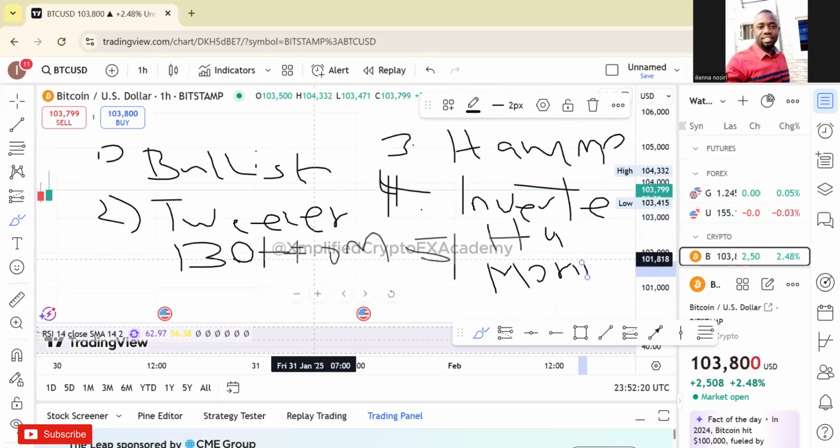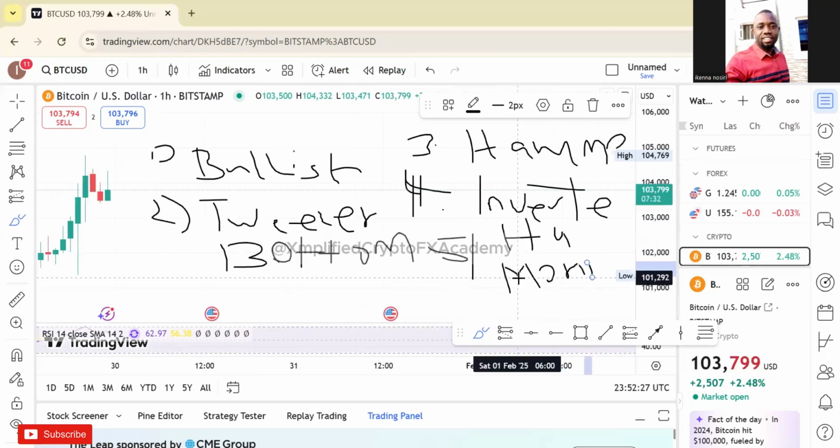All right, but then number six, we also have just a similar thing of morning star. But let's just talk about these five. If time will permit us, let's talk about this bullish engulfing candle, tweezer bottom candlestick pattern, hammer candlestick pattern, inverted hammer candlestick pattern, and what?